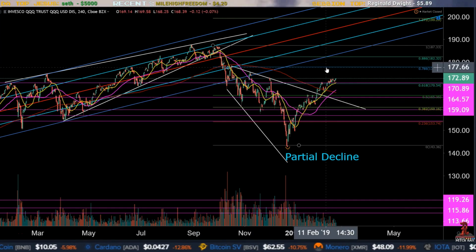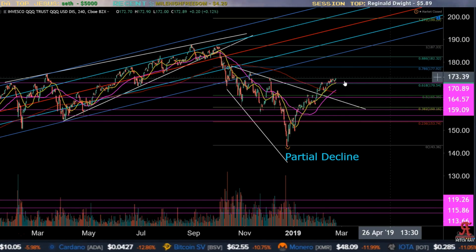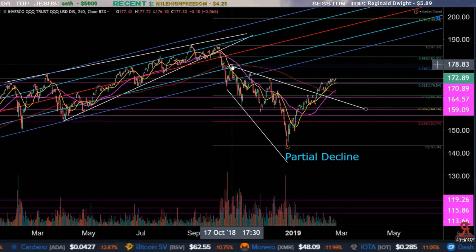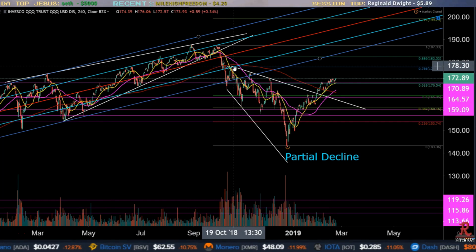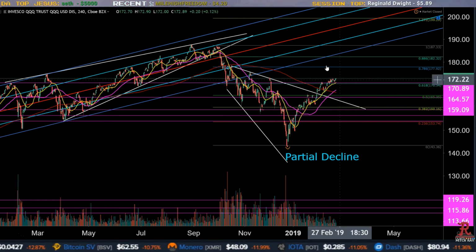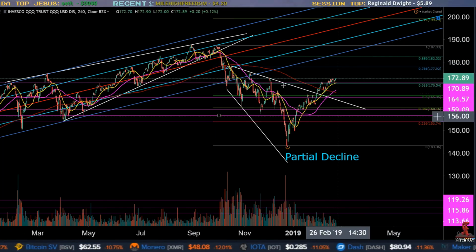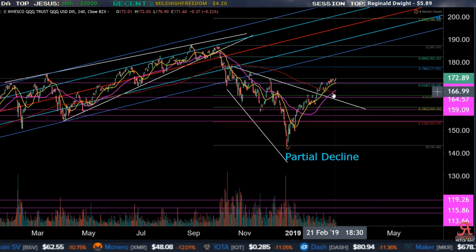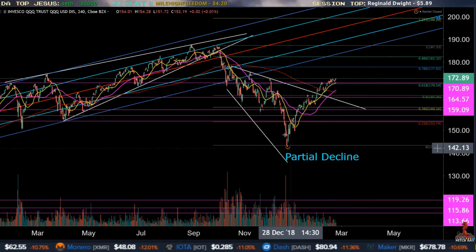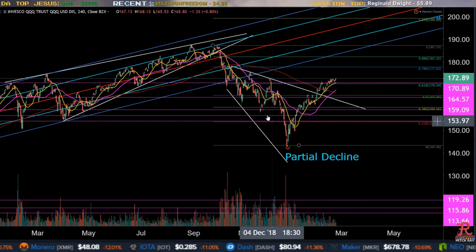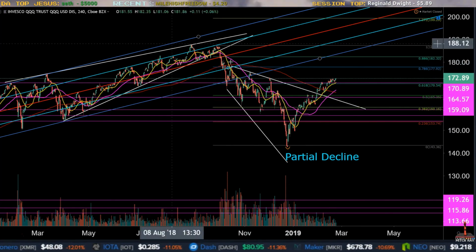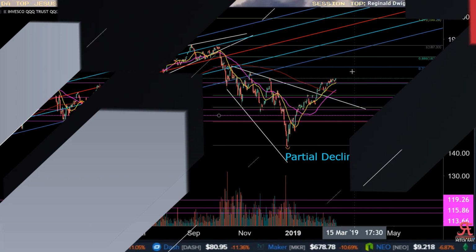The top of the pattern is a 0.786 at 177.92. That is the target, because that is where the pattern started developing. So you're still not out of the woods yet, even with a breakout. But hey, golden cross just happened on the 4-hour. Unbelievable. Partial decline. You broke the neckline, the top trend line. Wonderful.